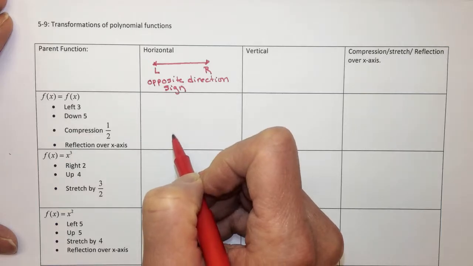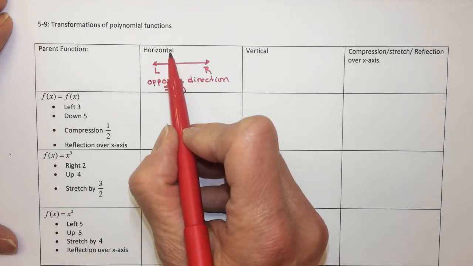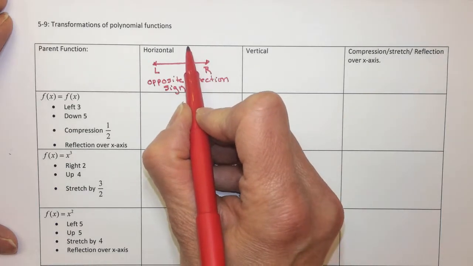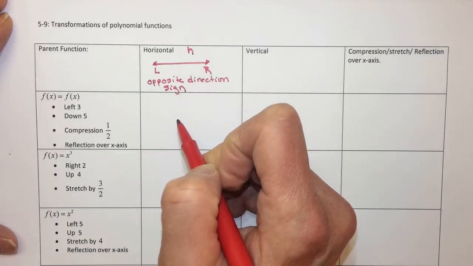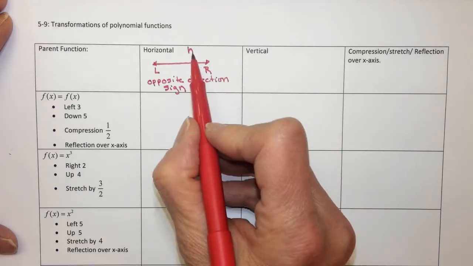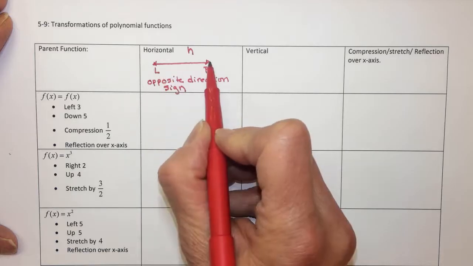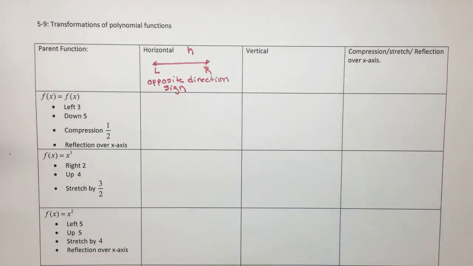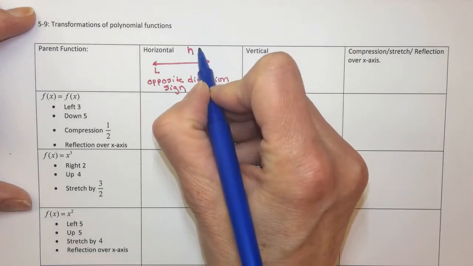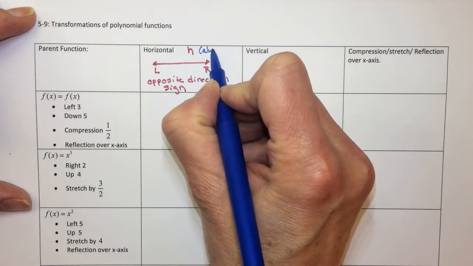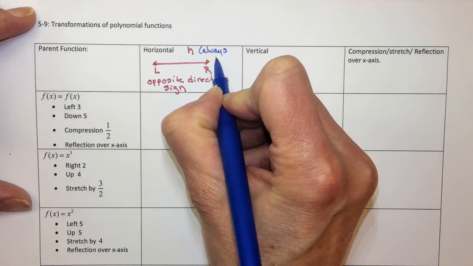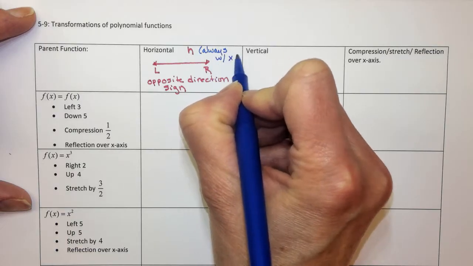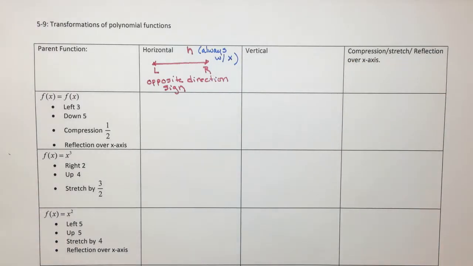The letter that we use for horizontal transformation is the letter H. Since H goes in the x direction, H is always with the x. I'm going to write that down as just a note. Always with the x, because it's going in an x direction.